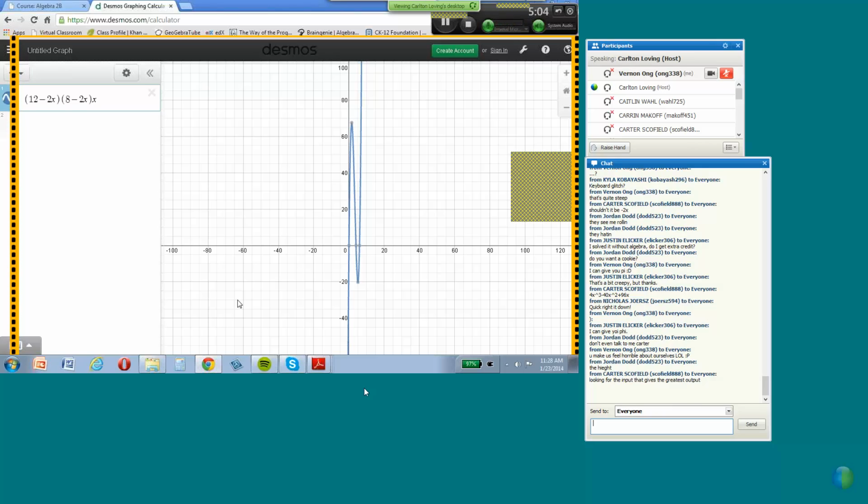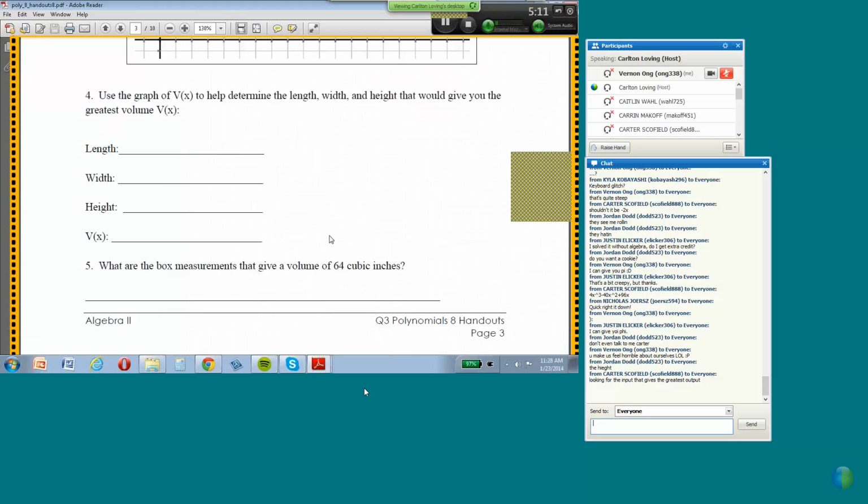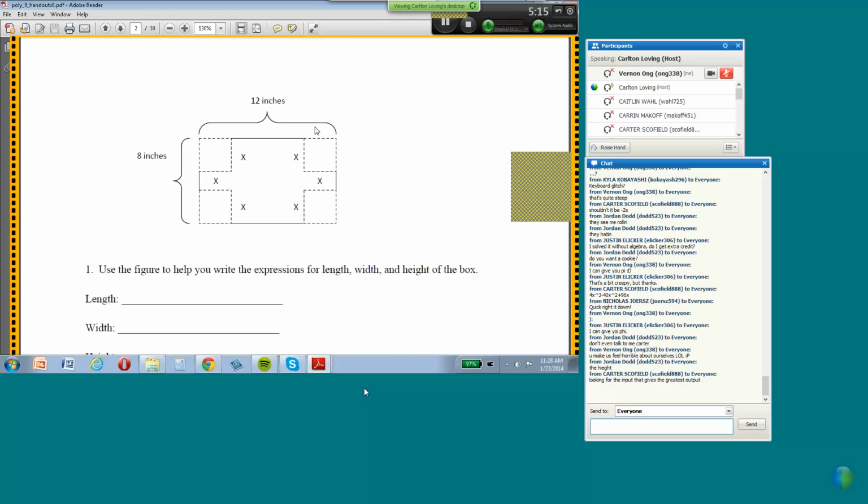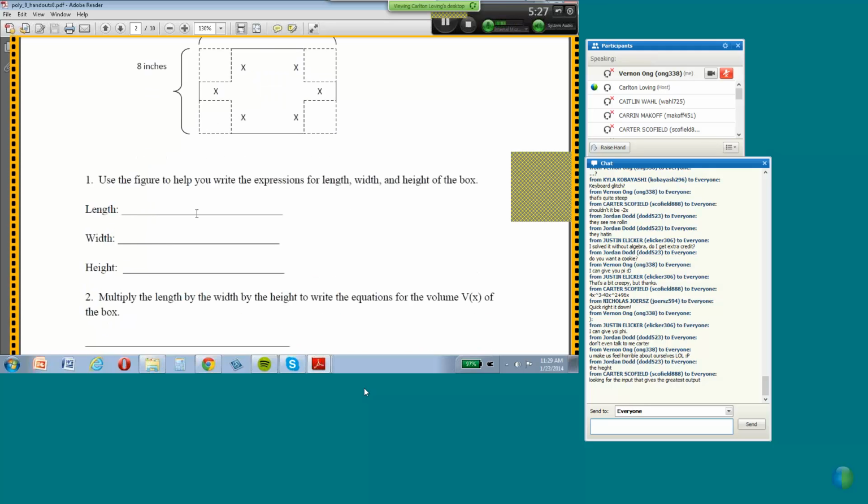Okay, very good. If we go back to the handouts, my x-axis represents the input, which is how big am I making these squares? Depending on how I cut out these squares, that's going to determine what my length is in terms of x, what my width is in terms of x, and what my height is in terms of x.